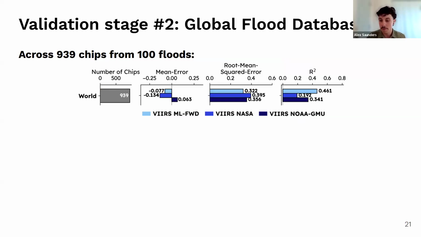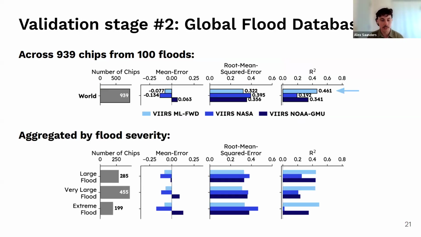The R-squared value is certainly lower than we saw in our first validation stage, reflecting the difficulty of capturing flood waters compared to capturing a mix of permanent and non-permanent water. But our model surpasses some of the existing VIIRS algorithms. And once we look at that aggregated by flood severity, it's interesting to note that our model has pretty consistent error by those groups, whereas the errors of some of the other VIIRS algorithms seem to increase as you move towards more extreme flood events.